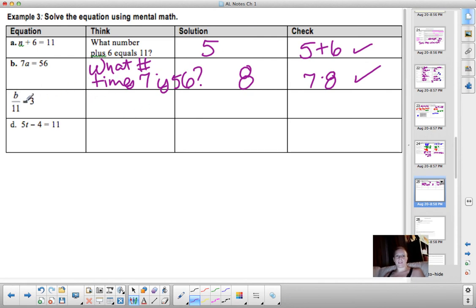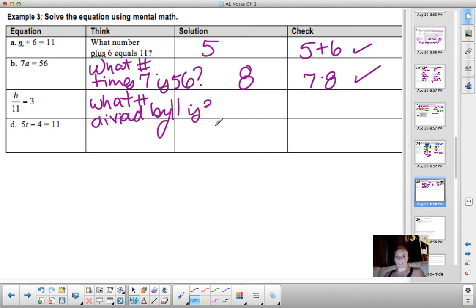B divided by 11 equals 3. So what number when divided by 11 would give us 3? What number divided by 11 is 3?